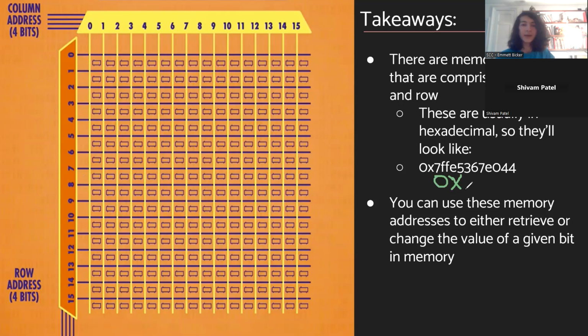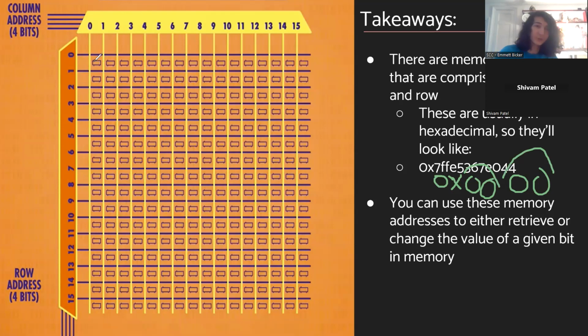But if you have a memory address in hexadecimal, then the first half of your memory address will be your column, and your second half will be your row. It might be inverted. But let's say that I have a memory address where the first half is 0, 0, and the second half is 0, 0. Then this half would be the column, and this half would be the row.